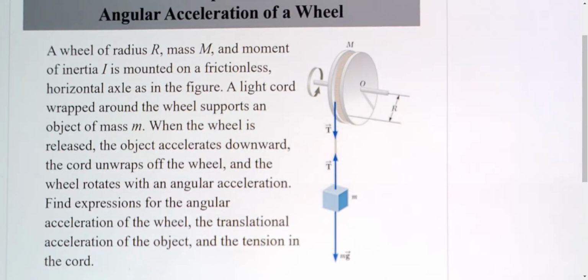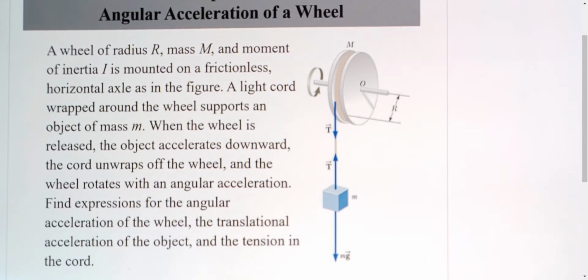Let's move to the next question. Read it for us. Okay. Is my voice clear? Yes, it is. A wheel of radius r, mass m, and moment of inertia I is mounted on a frictionless horizontal axle as in the figure.